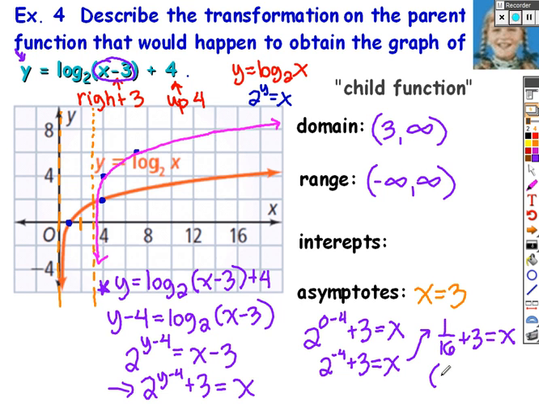So if I plug in 0 for y, my x-intercept is 3 and 1/16. A little bit tricky here, but same idea as with other functions. If I want to find the x-intercept, just plug in 0 for y and solve. And if I look at my graph, that seems reasonable, that it's crossing the x-axis at a little bit over 3.